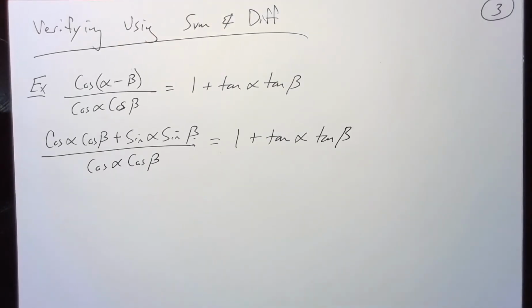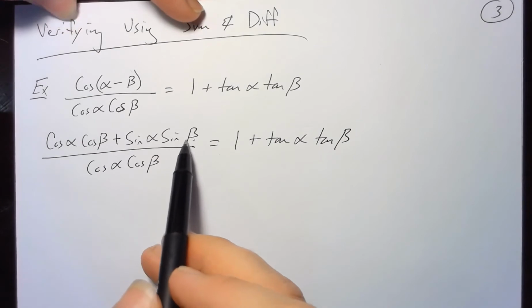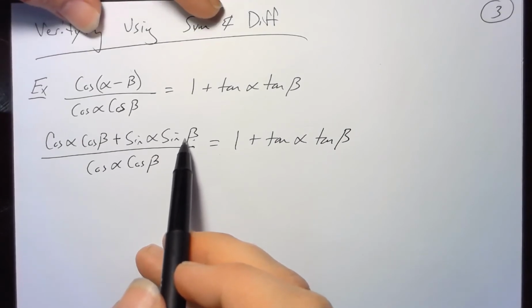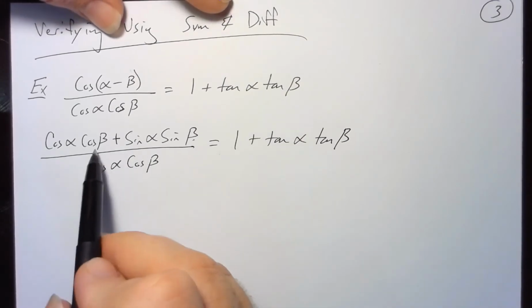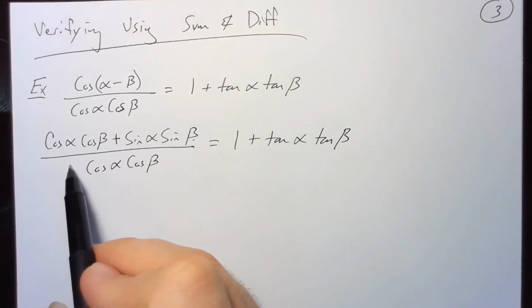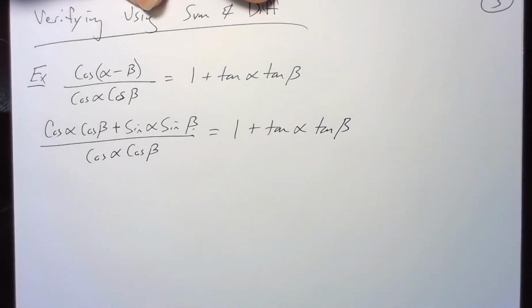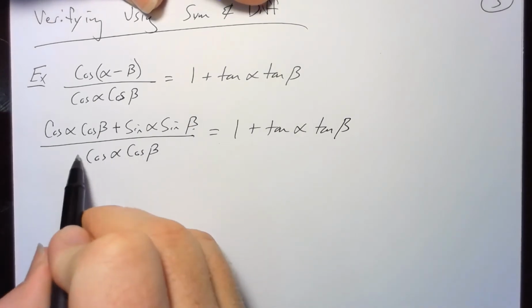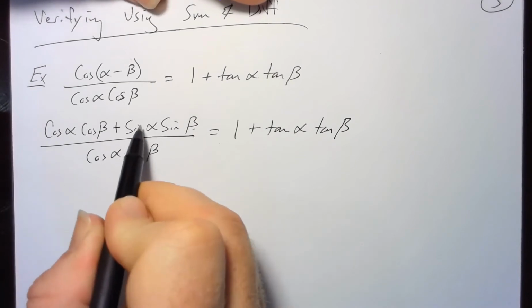The next step is, now that I have removed one of the more complex interior angle pieces, and torn it apart into singular alphas and betas within the trig expressions, I can go ahead and use all of the same basic algebraic skills that I learned in the previous sections. The first thing I notice for this example is that I can take this denominator and distribute it to both of these expressions.